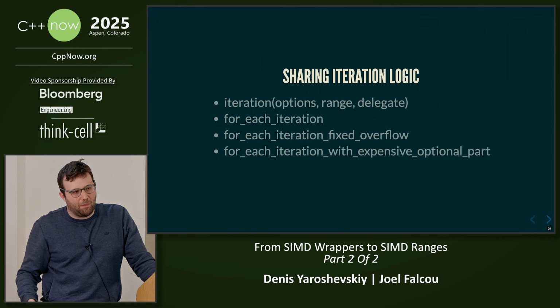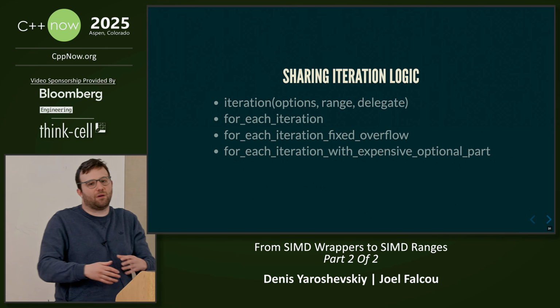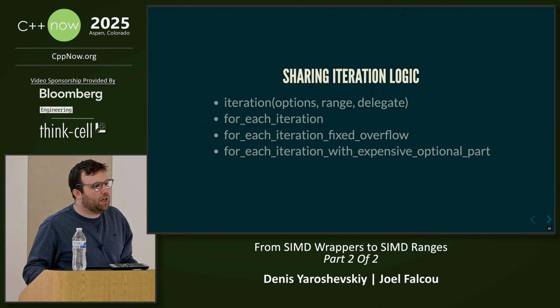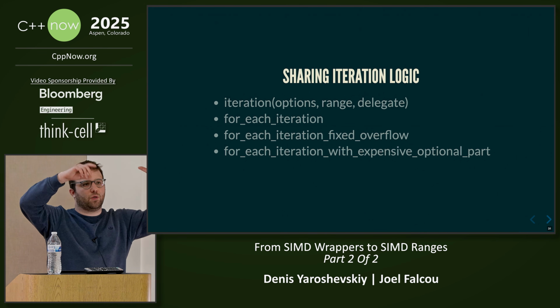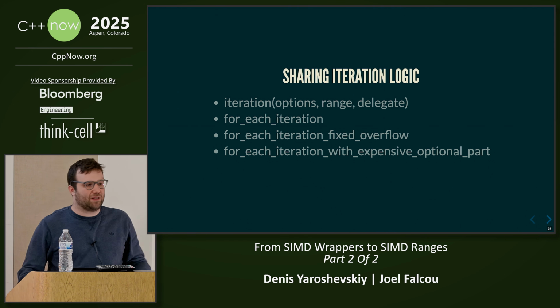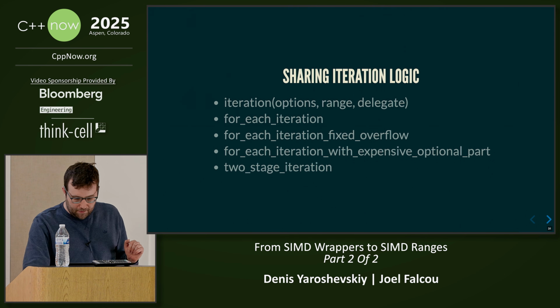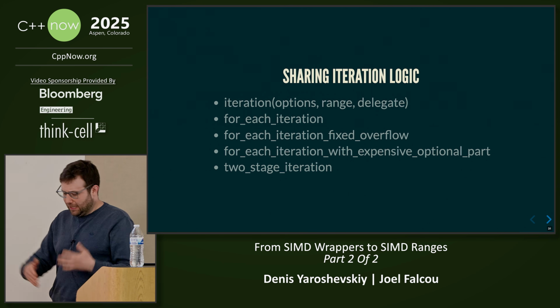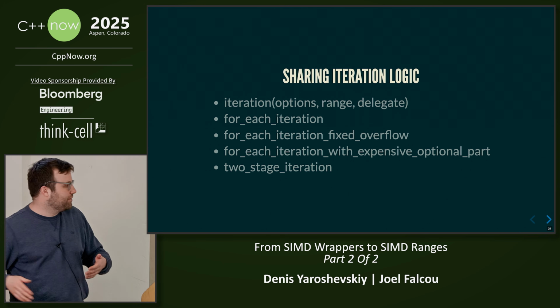There's one with an expensive optional part, so you have your normal loop, and then you have something expensive to sometimes do. In search, for example, you do pre-checks, and then you sometimes jump to the expensive part, which does a full check. We have 2 stages. This is copy_if, where you have to do unsafe stores and when you have to do safe stores.